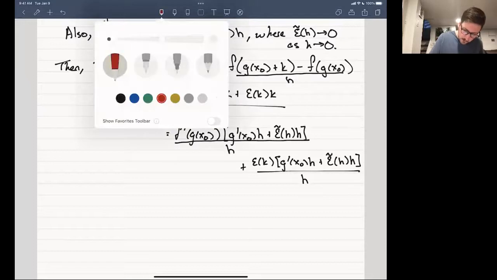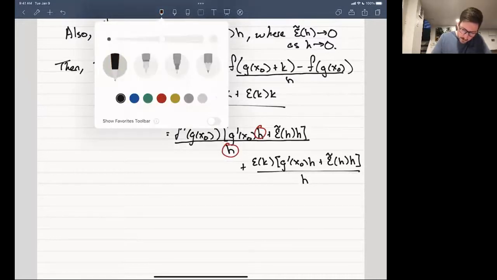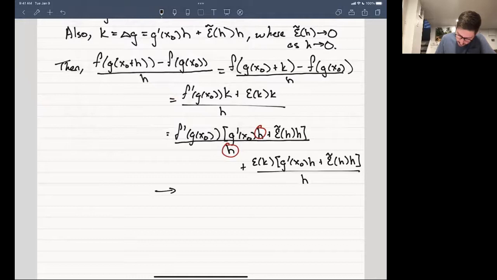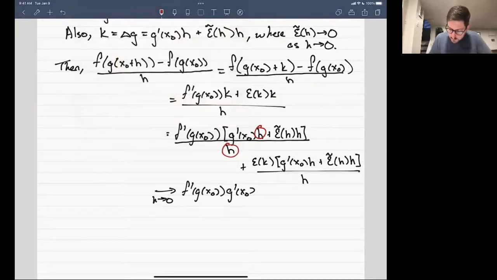Now let's just take a look at what happens here. This h right here and this h are going to cancel. And so then taking the limit as h goes to 0, there's no h dependence in the first term, so that gives me f prime of g of x0 times g prime of x0. So that's the piece that I want. Then if I look at this h right here that I circled, it is going to cancel with the quotient, but this part is going to 0, this epsilon tilde of h.